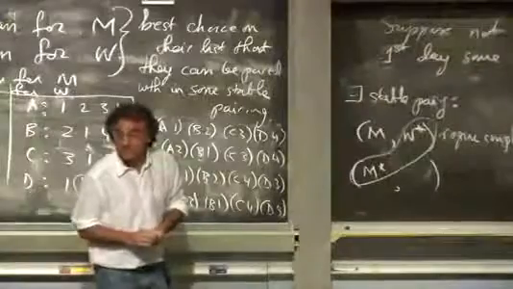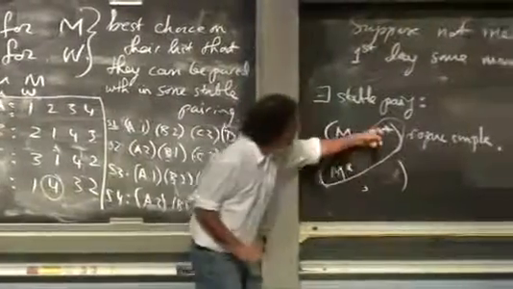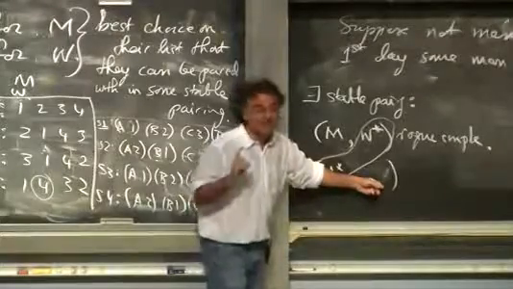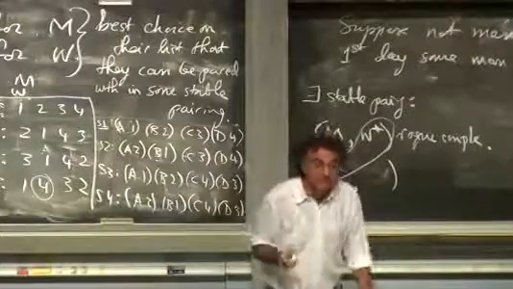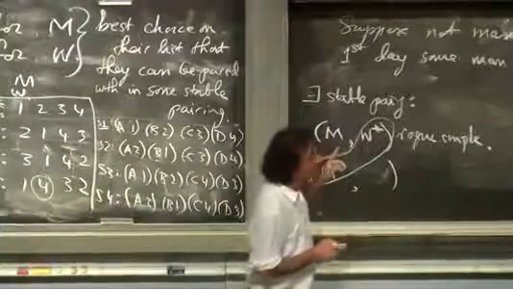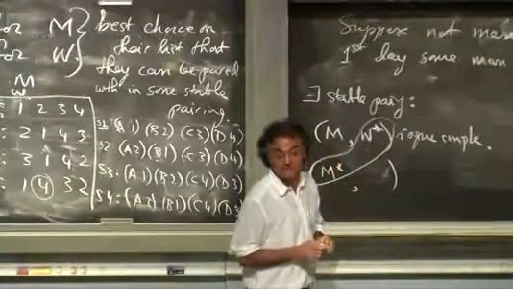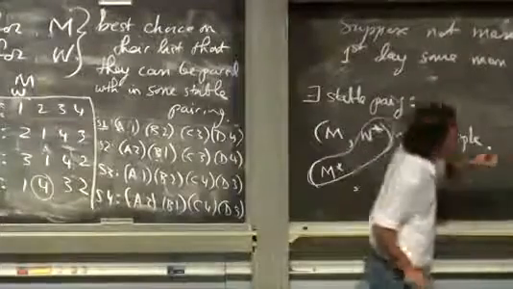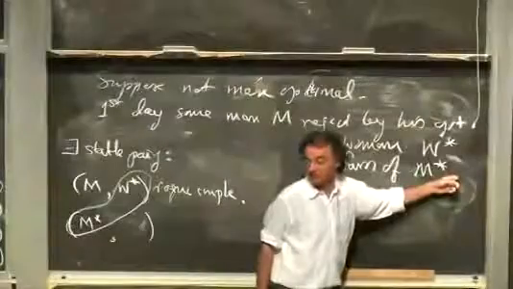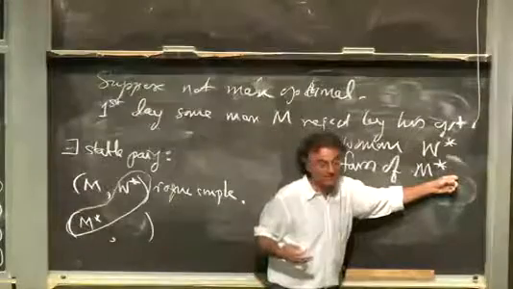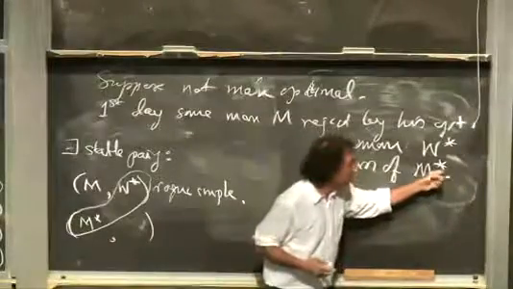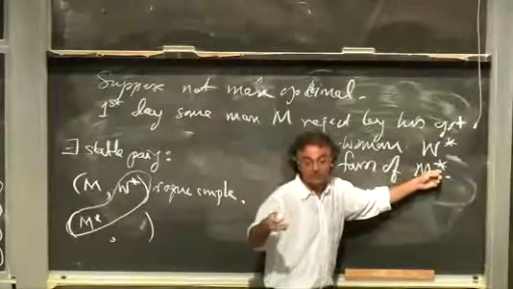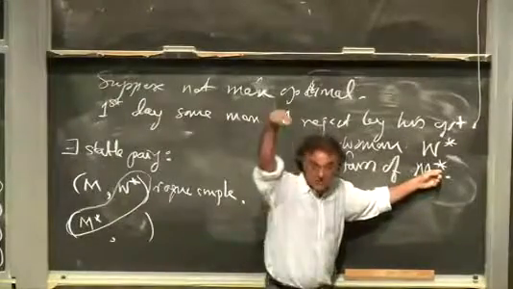What about M star? How do we know he prefers W star to whoever he's with? This is where we are going to use the fact that this was the first day some man got rejected by his optimal woman. M star has not yet been rejected by his optimal woman. So we know that W star is at least as good as his optimal woman, because he's working down his list.